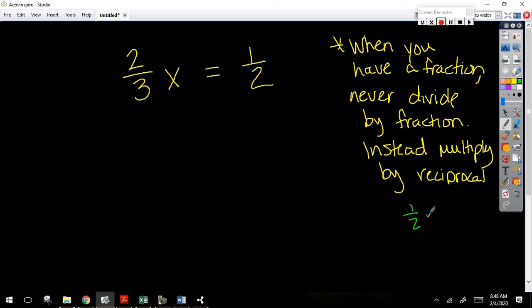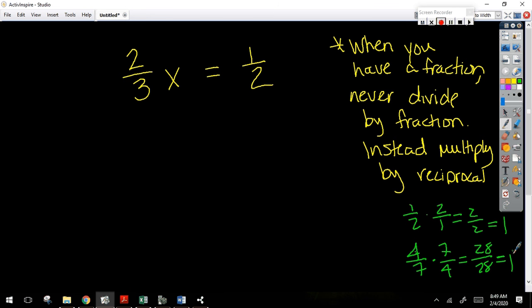If I have 1/2 times 2 over 1, I get 2 over 2, which is 1. If I have 4 over 7 and I multiply that by 7 over 4, I get 28 over 28, which is 1. Anytime you multiply reciprocals, they cancel out. They give you 1. Okay?